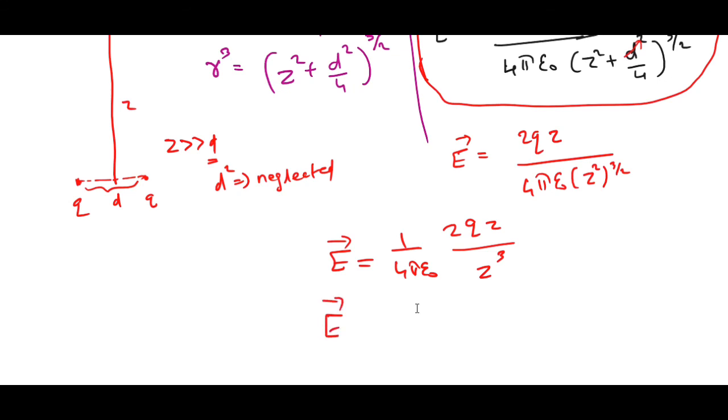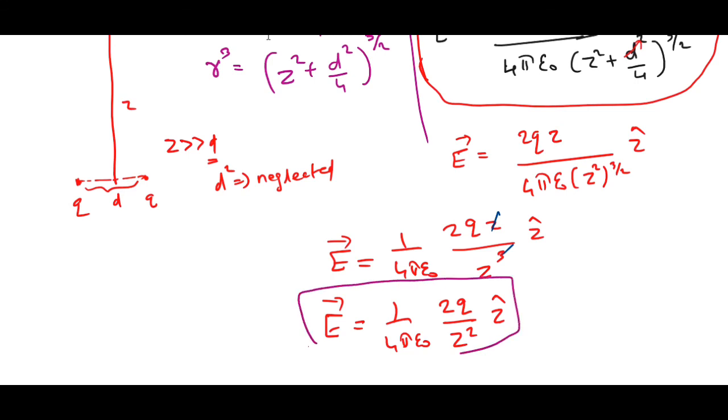Here z times z cap, z and z cube cancel. Therefore, this will be 2q divided by z square, z cap. This is the final expression of the electric field if z is very much greater than d.